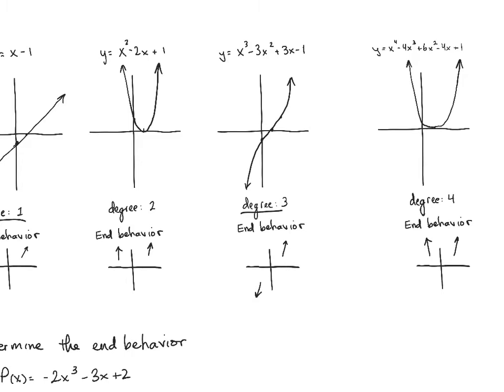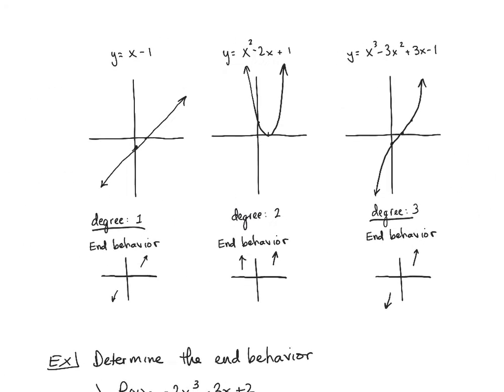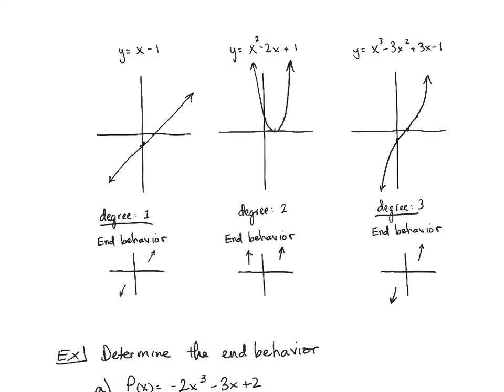Now there's a particular way of stating the end behavior, and it has to do with what x and y are doing. So for example, if we're looking at these points on the graph, and if I continued this indefinitely, the x values are approaching positive infinity, and the y values are also approaching positive infinity.